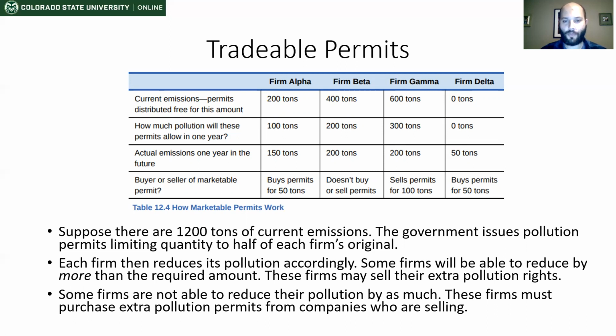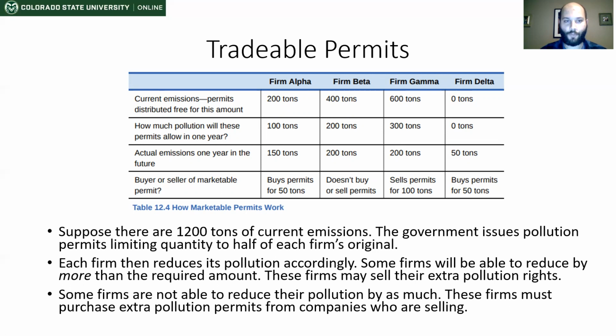There are problems with this, as usual, like the unpopularity of government intervention in markets. A tradable permit system is called a market-based solution, but ultimately there is a level of government intervention here.